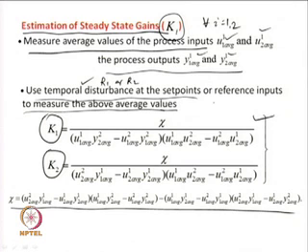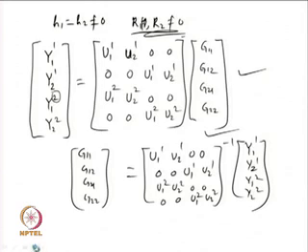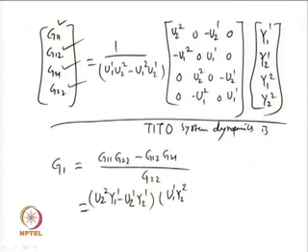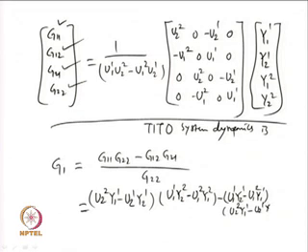this expression for K 1 and K 2. How do you get it? After the substitution, basically G 1 will result in U 2 2 Y 1 1 minus U 2 1 Y 2 1 times U 1 1 Y 2 2 minus U 1 2 Y 1 2, minus U 1 1 Y 2 1 minus U 1 2 Y 1 1 times U 2 2 Y 1 1 minus U 2 1 Y 2 2.